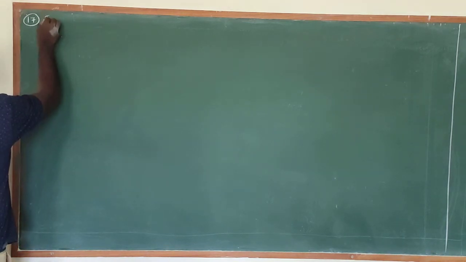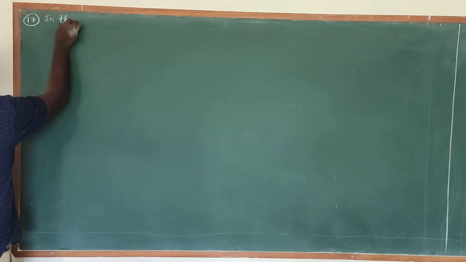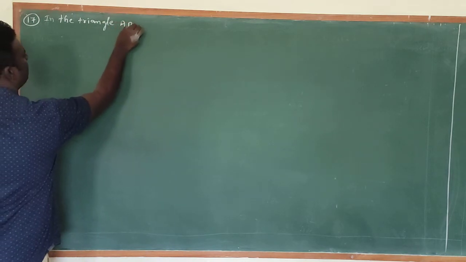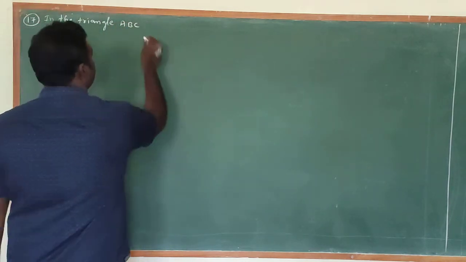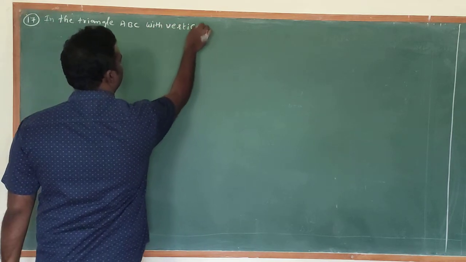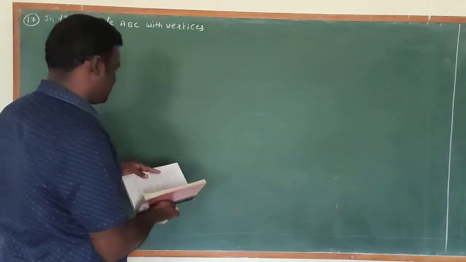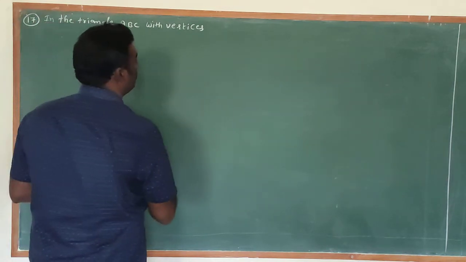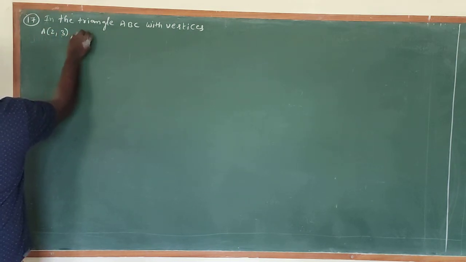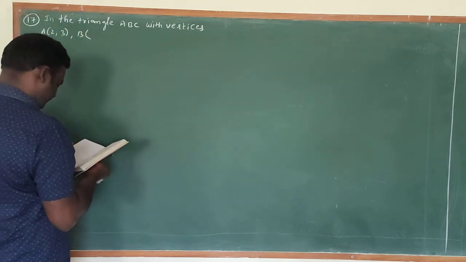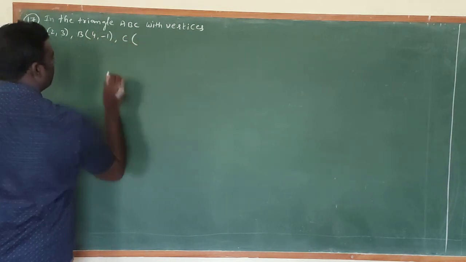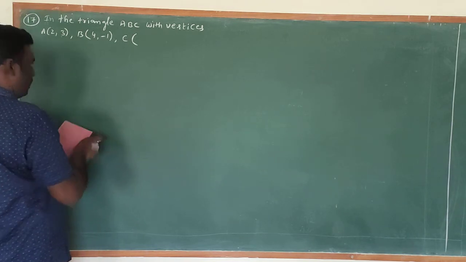in the triangle ABC, with vertices capital A (2, 3), capital B (4, -1), capital C (1, 2).